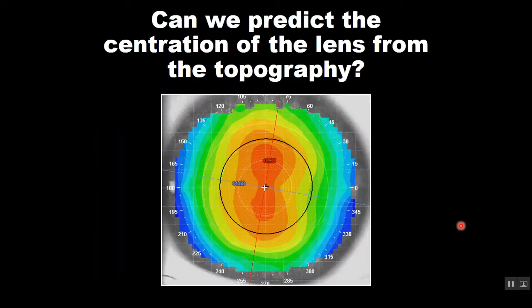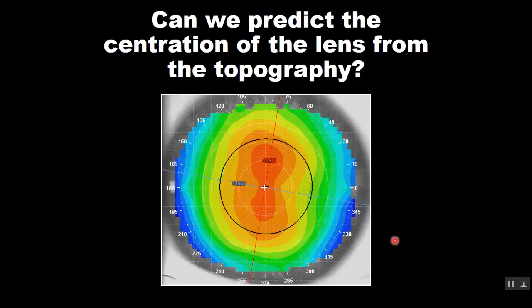Now, if you look at this topography, could you make predictions based on centration or effectiveness of treatment? Is there something in this topography that would indicate to you where the lens might center? And you might look at this green-blue border. This is the peripheral cornea where our lens will land. And is it somehow displaced in relationship with the visual axis or the pupil?